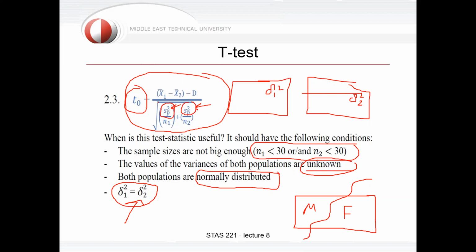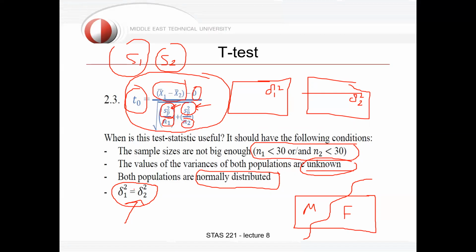This one is related to S1 and S2, but we should calculate it based on them and the degrees of freedom, which I will talk about in the tutorial. For these parts, I already explained what D, X bar 1, X bar 2, and the sample sizes are. So when do we use this one? When we have these three conditions.